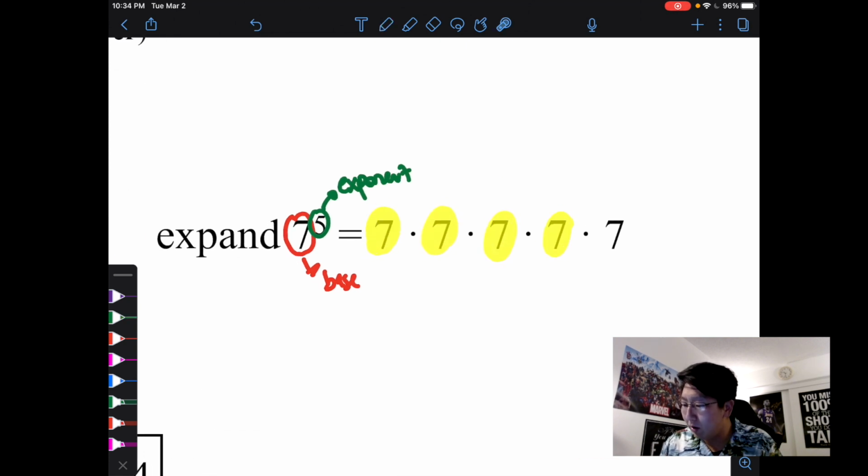So we have 7 times 7 times 7 times 7 times 7. Now, how many times did we multiply our base? How many times did we multiply 7 by itself? Can you count?